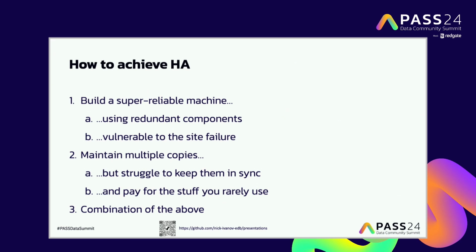So the design of your high availability becomes a balance between the cost of keeping all this redundancy and the cost of losing productivity if something fails. So it's not even a technical decision, it's a business decision that people who write checks should make.